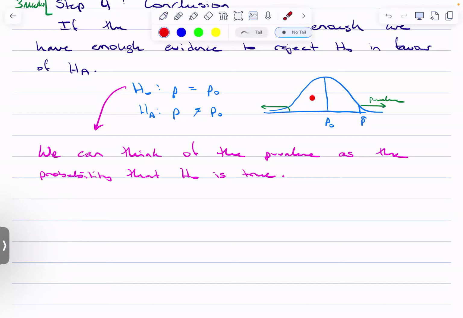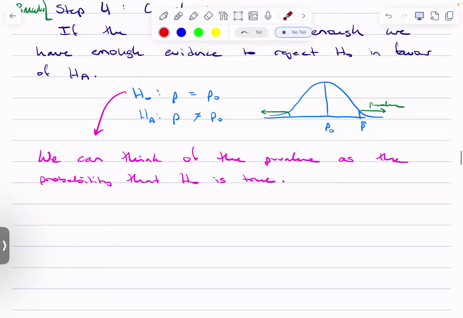We have some region here where we're fine to say, okay, it's basically P naught. But then at some point, we cross this threshold and we say, okay, yeah, probably not. Could be, because remember, these tails go to negative infinity and positive infinity in theory. So all these sample proportions could happen, but they're just unlikely.